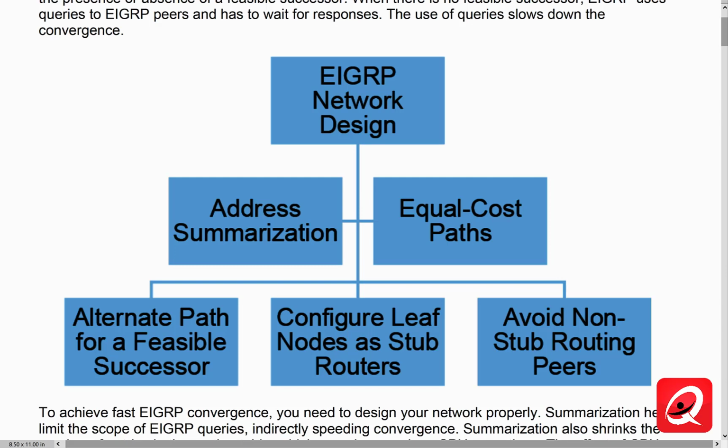So what would you do as an engineer to fix that problem? You would manipulate the metrics manually so that EIGRP thinks it has a feasible successor. All right? And so that would then in turn stop the query process, which means convergence would happen faster and so on.